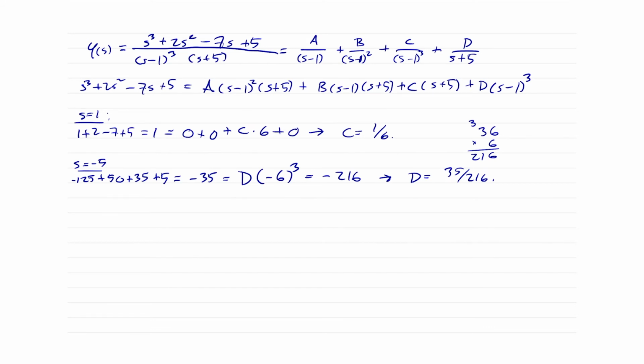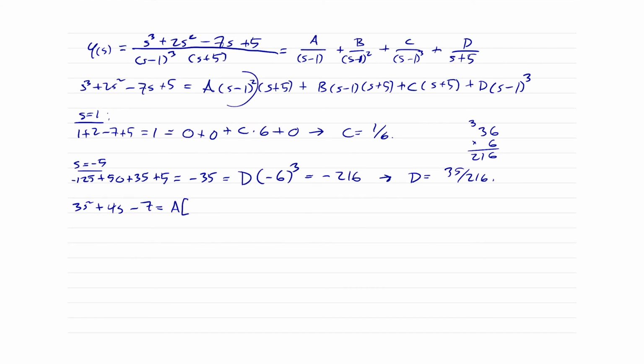So let's do it. So I get 3s squared plus 4s minus 7 is equal to, now I'm going to get a times some sort of triple product rule going on here. Rather, we can just do regular product rule, right?